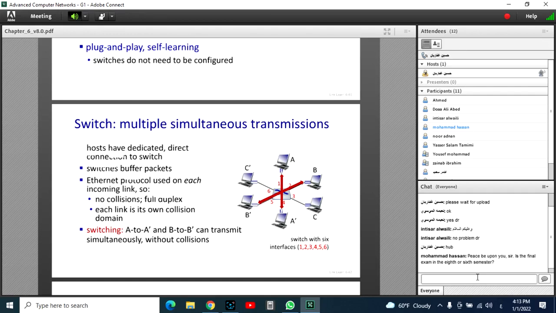A is sending to A prime, B is sending to B prime, C is sending to C prime, without any collision, without any disruption, without any other problem. But how? Because it uses MAC addresses to filter the sending ports.